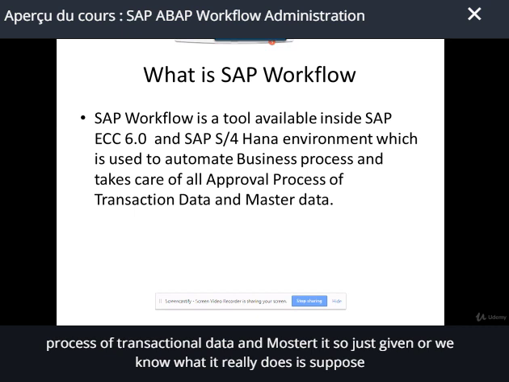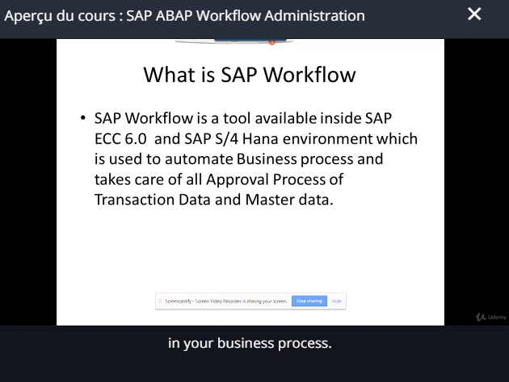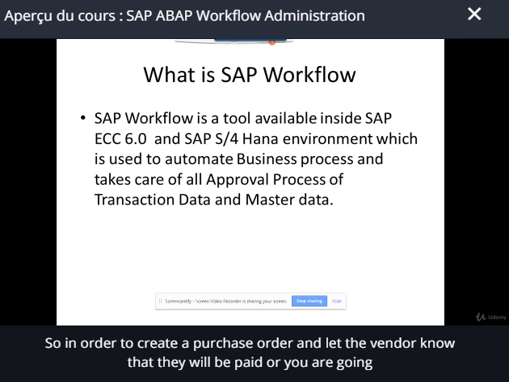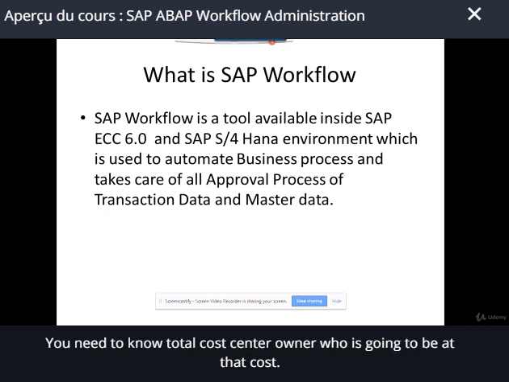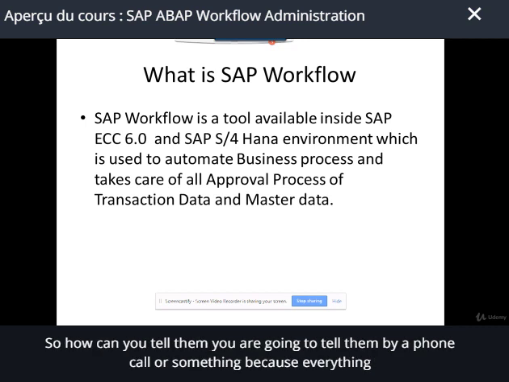So just to give an overview, what it really does is, suppose in your business process, someone wants to create a purchase order to pay a vendor. In order to create a purchase order and let the vendor know that they will be paid, or that you are going to buy these goods, you need to tell the cost center owner who is going to bear that cost. So how will you tell them?